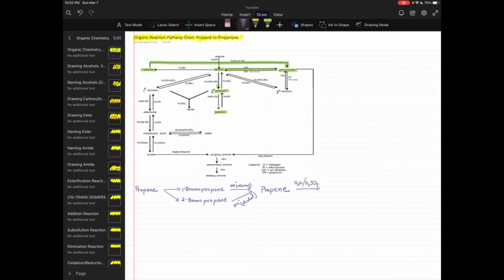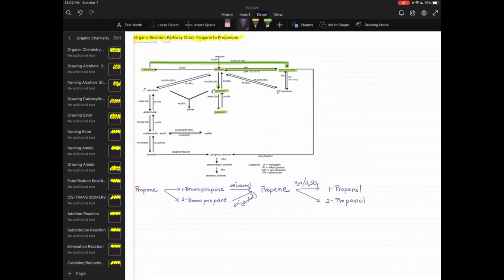We're adding water, and therefore now the OH. So we have two groups, OH and H. One of the carbons will get the H across the double bond, and the other the OH. This will yield 1-propanol, or it can also produce 2-propanol, depending on where the hydroxyl goes.